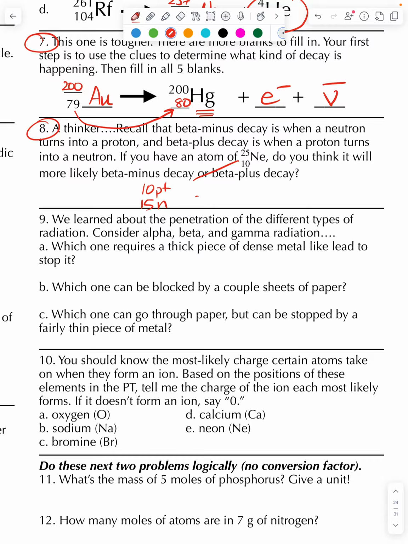So this will want to do something that will get rid of a neutron, right? So what kind of decay, beta minus or beta plus, turns a neutron into a proton? So it would get rid of a neutron and make a proton. In other words, it would make something that has only 14 neutrons and 11 protons. Well, the type of decay that turns a neutron to a proton is beta minus decay.